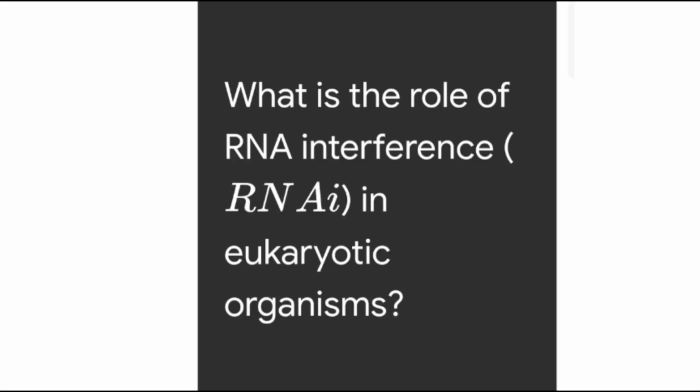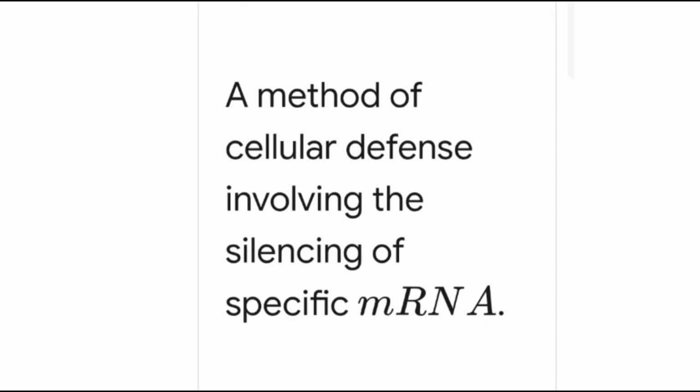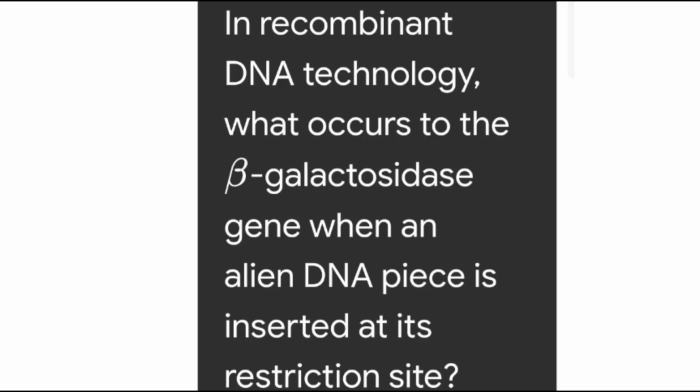What is the role of RNAi in eukaryotic organisms? RNA interference is a method of cellular defense involving silencing of specific mRNA. And in recombinant DNA technology, what occurs to the beta galactosidase gene when an alien DNA piece is inserted at its restriction site? That is insertional inactivation.